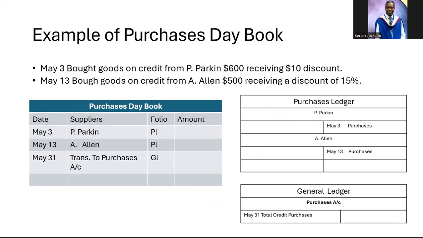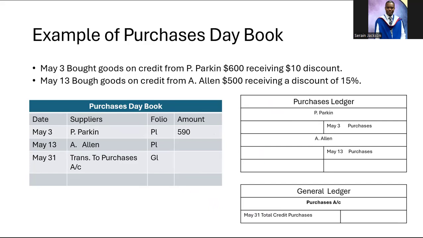It is $600 you were supposed to pay, but you received a $10 discount, which means you are reducing the amount you are supposed to pay by $10. We do not record the discount. So you will now subtract the 10 from the 600. That will leave us with $590.